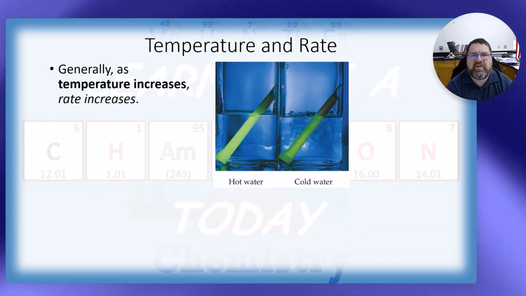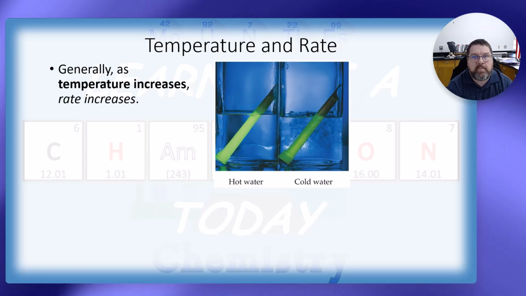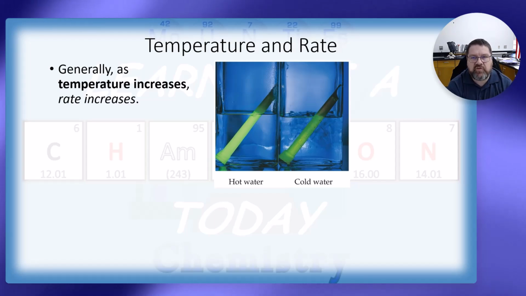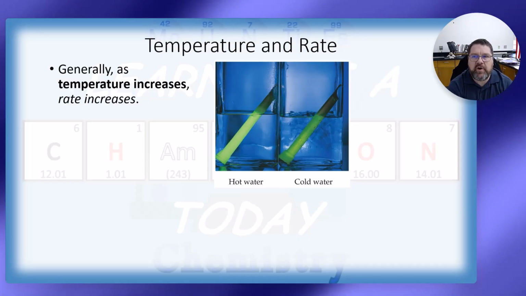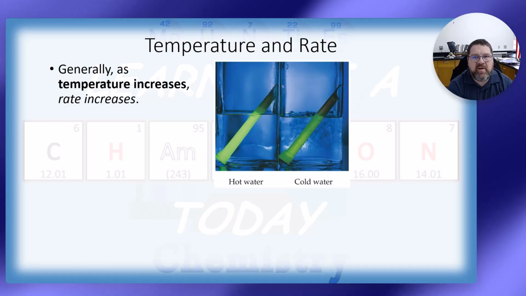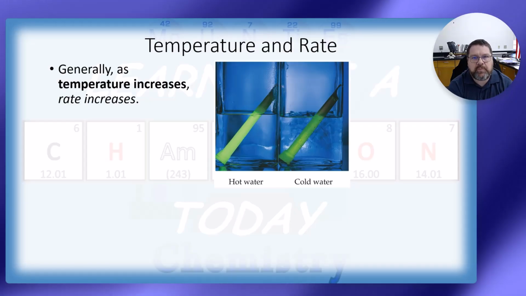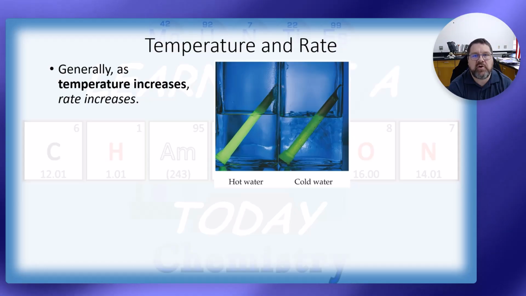Now, I think it's pretty safe to assume that it's common experience that when you heat things up, they tend to happen faster. Well, the same is true if we're dissolving sugar or dissolving salt in water, or if we are undergoing a chemical reaction in a beaker in a laboratory. We heat them up, things tend to go faster. Generally speaking, as temperature increases, the rate of a reaction increases.